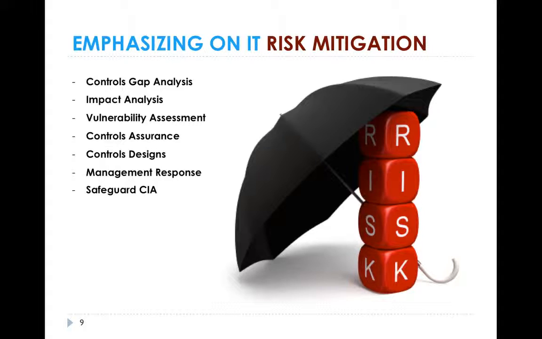risk mitigation may involve a vulnerability assessment and control assurance. For these two areas, we need to understand the principle of vulnerability assessment, and what threats we assess during the risk assessment period.